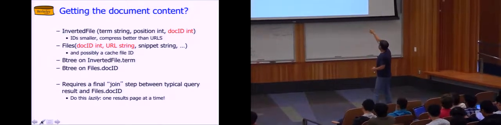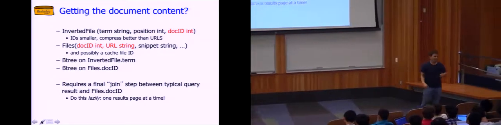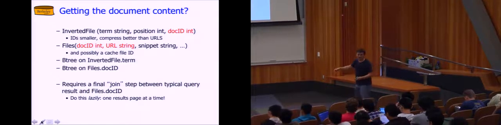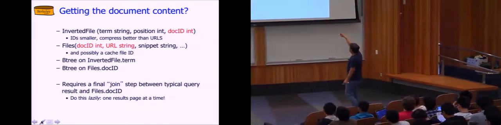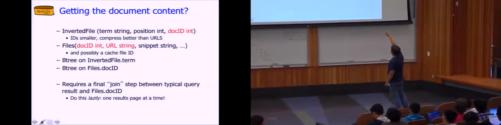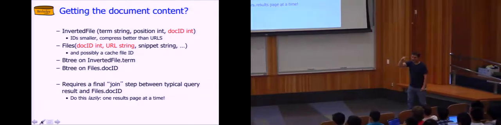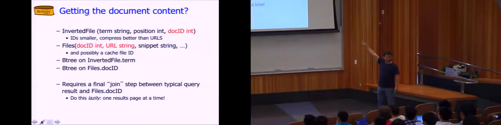And maybe for each file we also store a text snippet that describes the file. Or maybe we store the full content of the file if it's not that big, right? All right. And so to do this, we're just going to need to do joins at the end of your query once you get all those doc IDs out with the files table. Right?